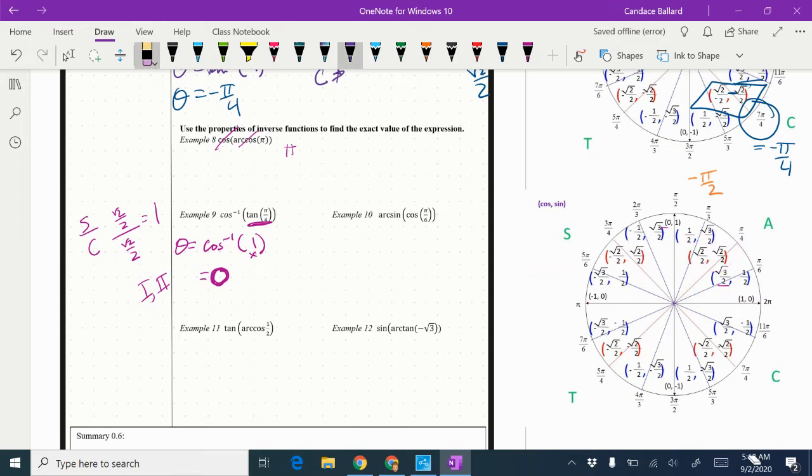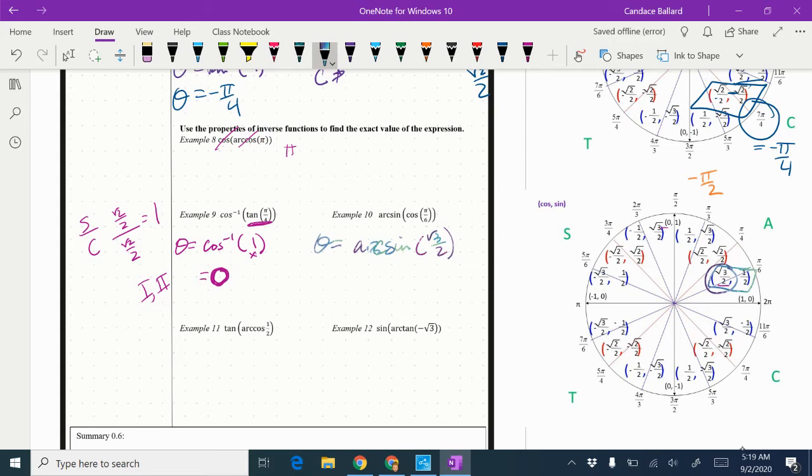Okay, looking at the next one, it says the cosine of pi over 6, so I'm finding the exact value. Pi over 6 is right here. Cosine is the x value. So we want the arc sine of square root of 3 over 2. When I see arc, I know I'm finding an angle measure.